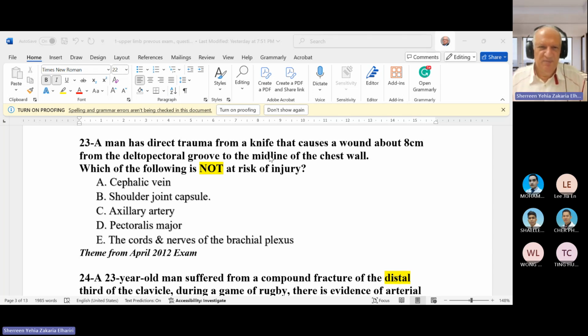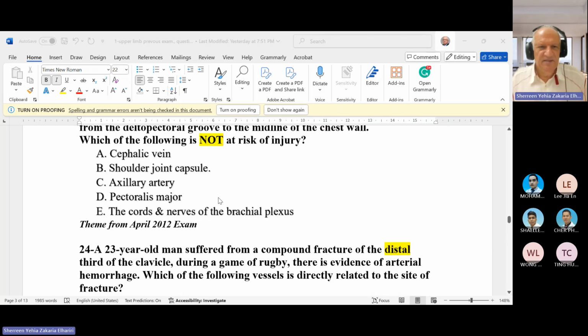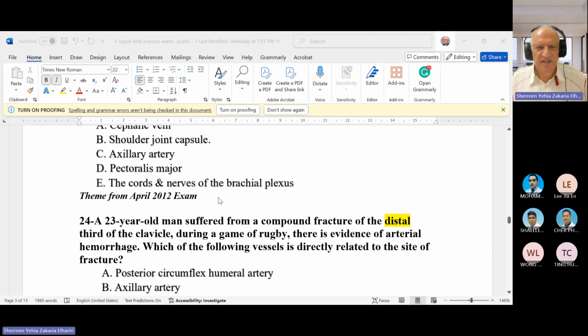If there is trauma, most of the structures like the cephalic vein, axillary artery, muscle, of course, cords, and nerves can be injured, but not the roots of the brachial plexus. The only one far away is the shoulder joint capsule. So the answer here is shoulder joint capsule. You just need to know the superficial anatomy of this area.